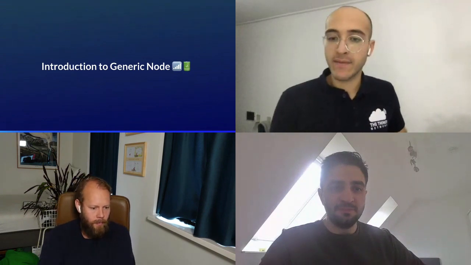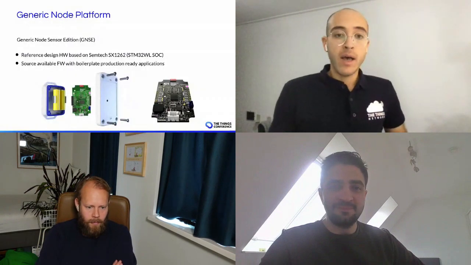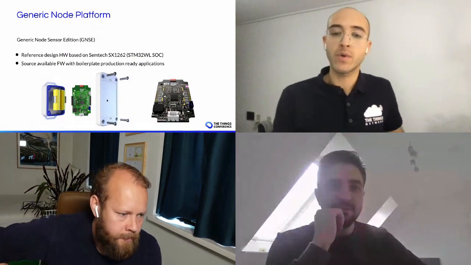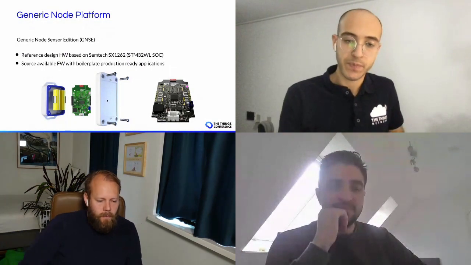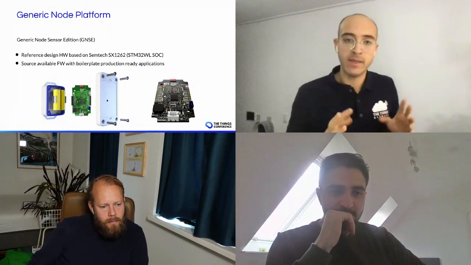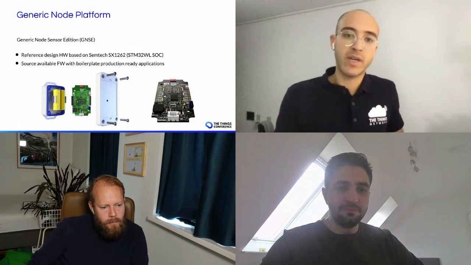So we're going to start with introducing the generic node again for people who are not familiar with what a generic node is. The generic node is mainly a device that is designed to go into production, and it's around the bigger picture called the generic node platform.